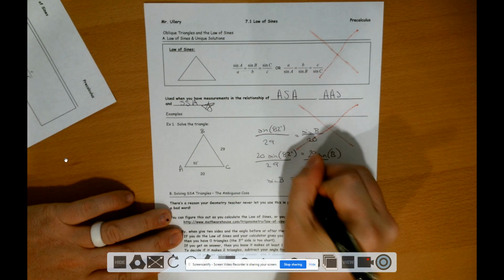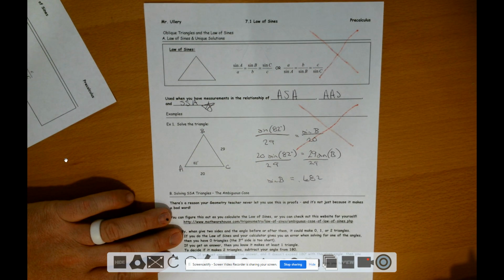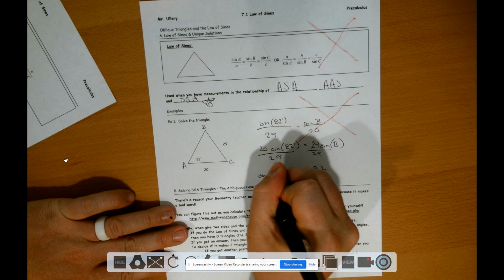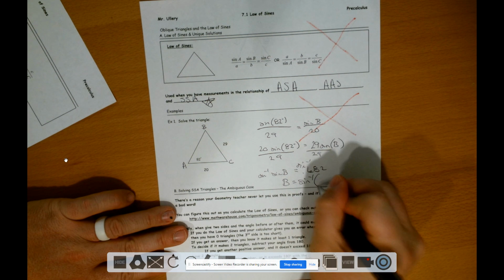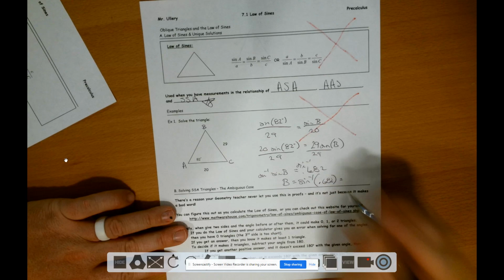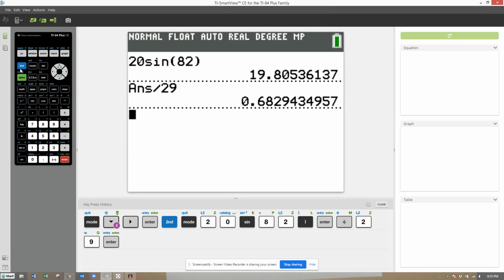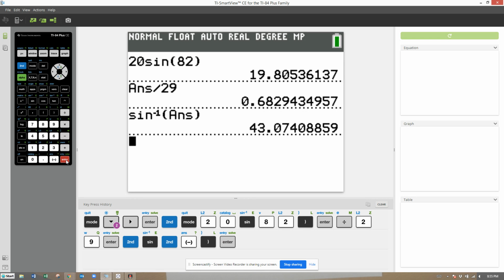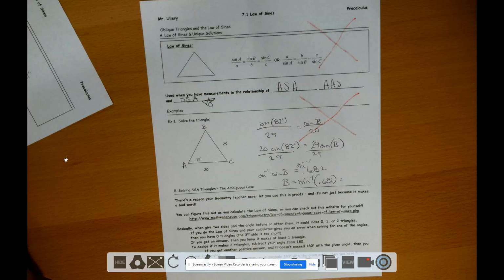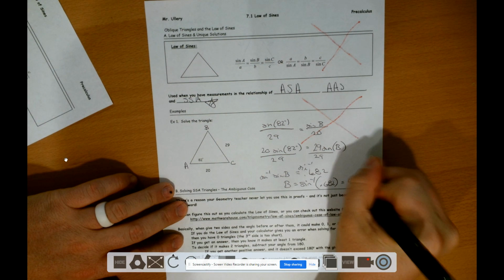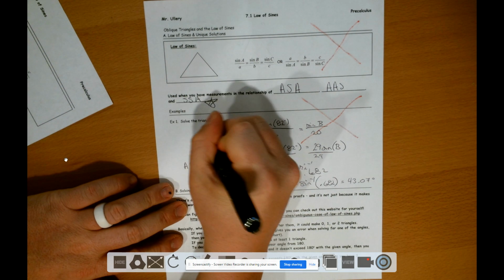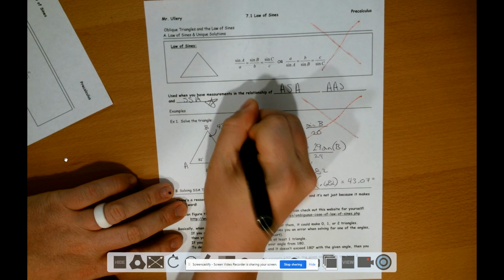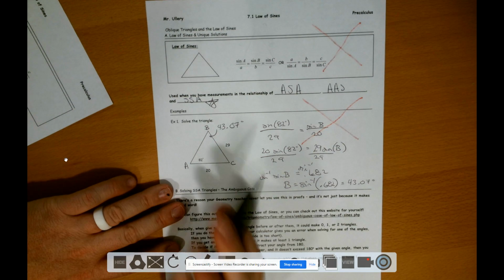So 0.682. If we recall, in order for me to figure out what B is, I'm going to have to take the arc sine of both sides. So B is equal to the arc sine of 0.682. So we can go back to our calculator really quick, take the arc sine of our previous answer, hit enter, and I get 43.07 degrees for angle B. So that means this angle is 43.07 degrees, and then 180 minus 82 minus 43.07.